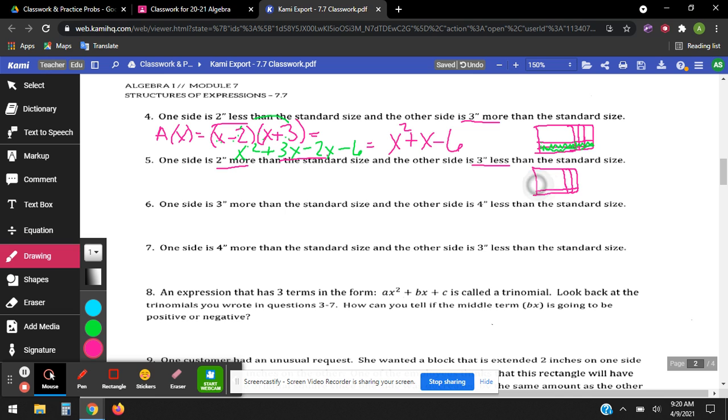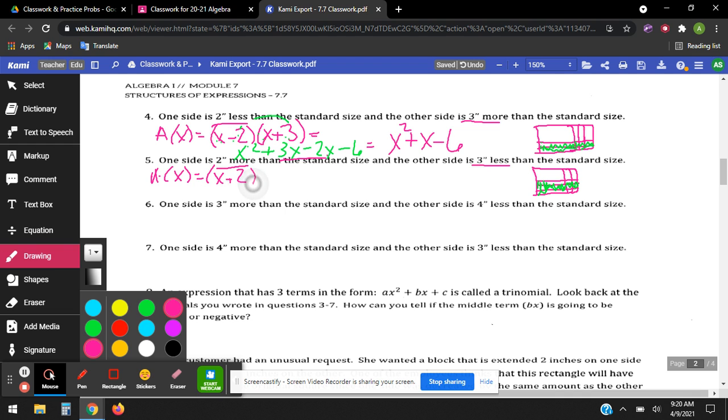And we're taking away 3. So these guys are all going to be taken away. And so A of x equals 2 more, x plus 2. The other side is 3 less, x minus 3.